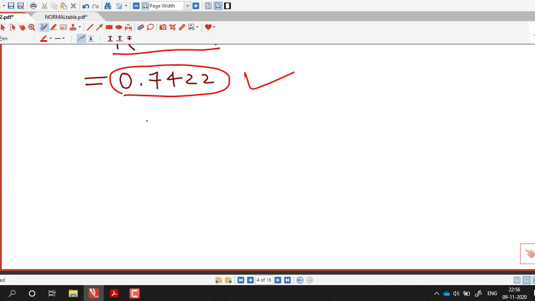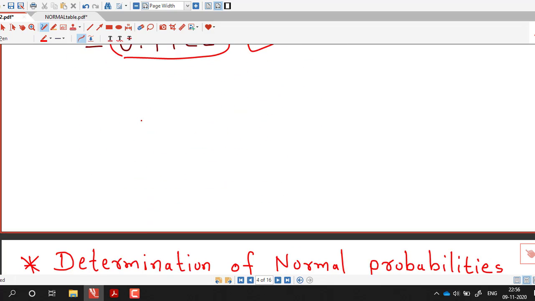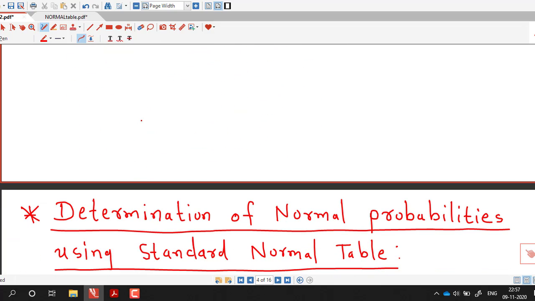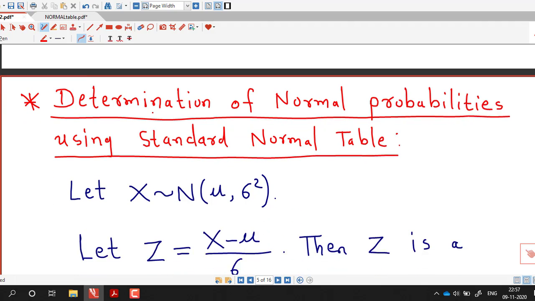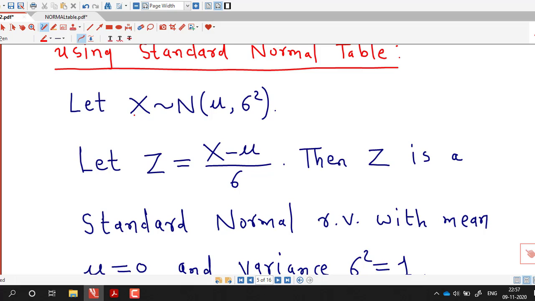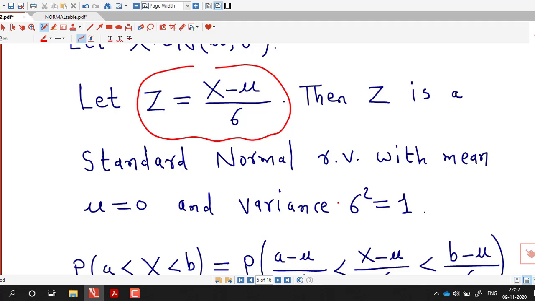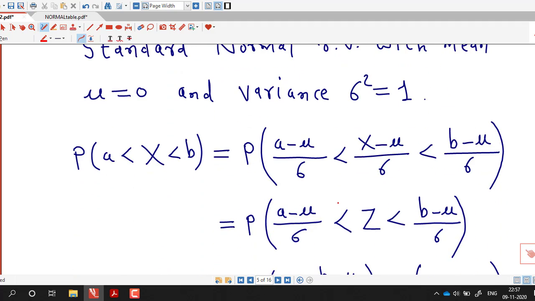Now once we know how to calculate standard normal probabilities, we can determine the normal probabilities using the standard normal table. As we know, if x is a normal random variable with parameters mu and sigma square, then z equal to x minus mu over sigma is a standard normal random variable with mean equal to 0 and variance equal to 1.